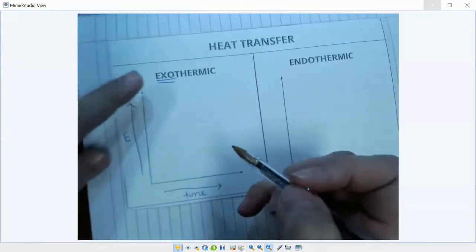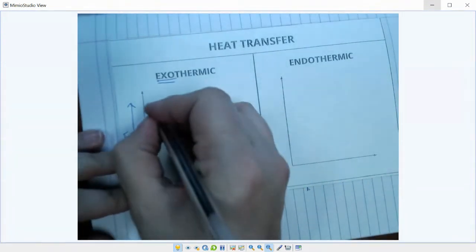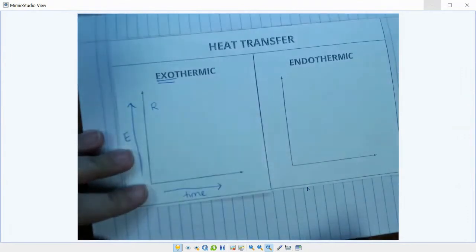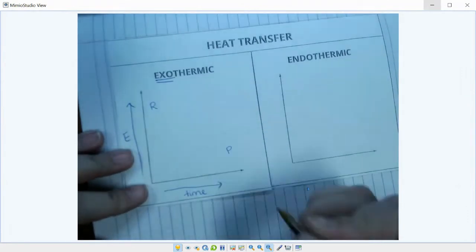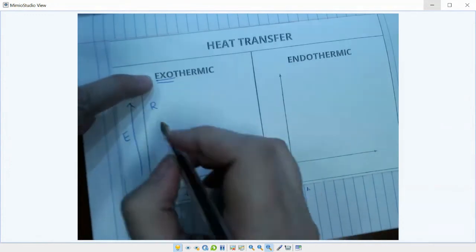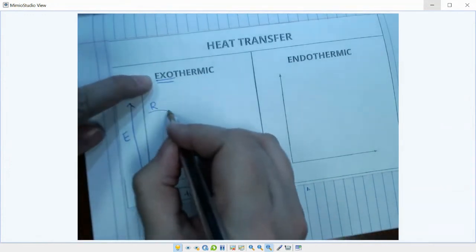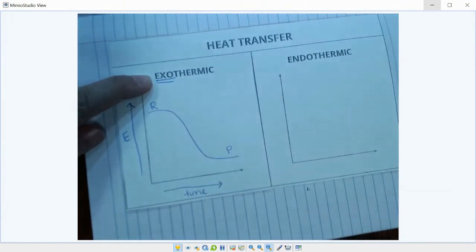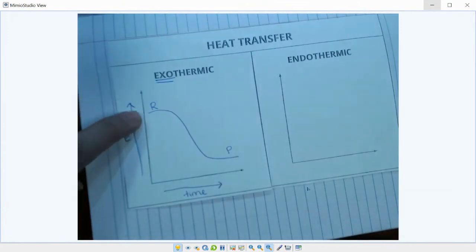And so if it is exothermic, that means our reactants are starting up here with high energy and our products have lower energy because it's exiting the system. And so a graph for this would look something like that. So the reactants start higher than the products. Reactants are high, products are low because it's exothermic.